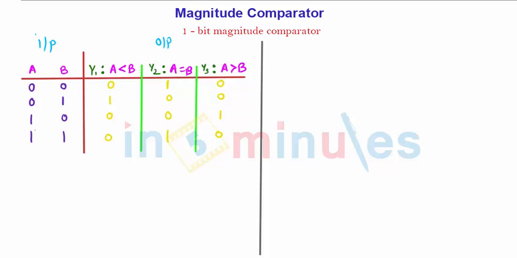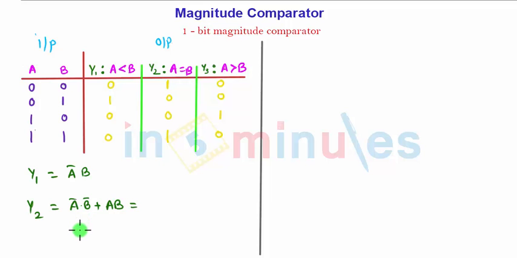If you solve the 2-variable K-map for Y1, Y2 and Y3, for Y1 there is no need to solve the K-map because only one output is present, for the combination 0, 1. So I can directly write Y1 equals A bar B. Y2 has two combinations: the first is A bar B bar plus the last one, AB.